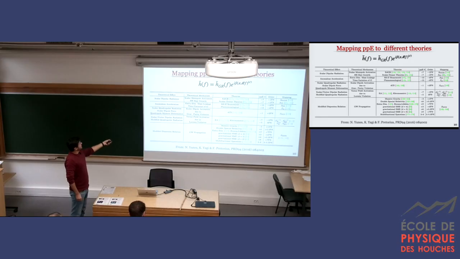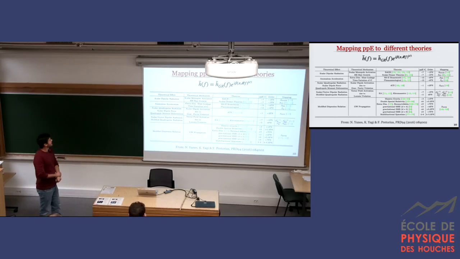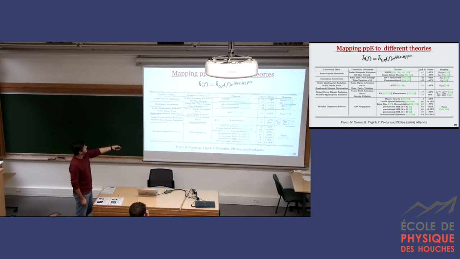So for example, the scalar dipolar radiation I was talking about happens in this Einstein-Dilaton Gauss-Bonnet theory, and in scalar-tensor theories. Massive gravity is essentially here, so it's a +1 Pn term. But you can have terms appearing all over the place in Pn, depending on the specific theory.